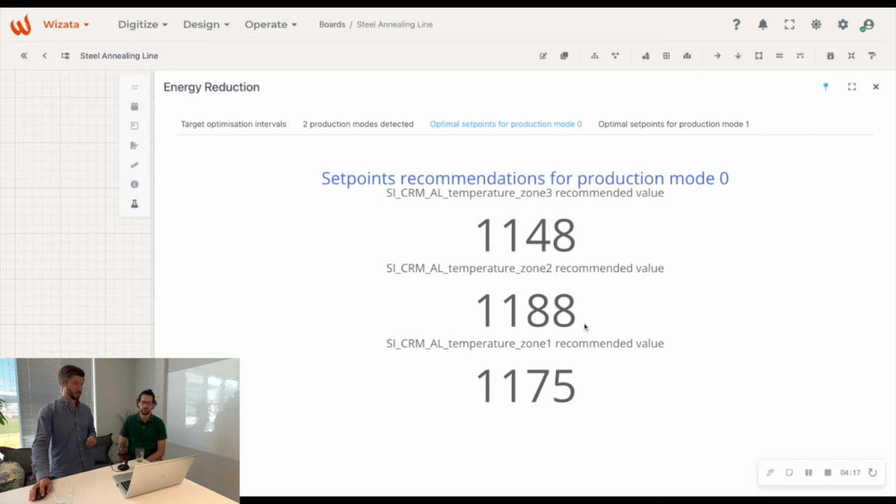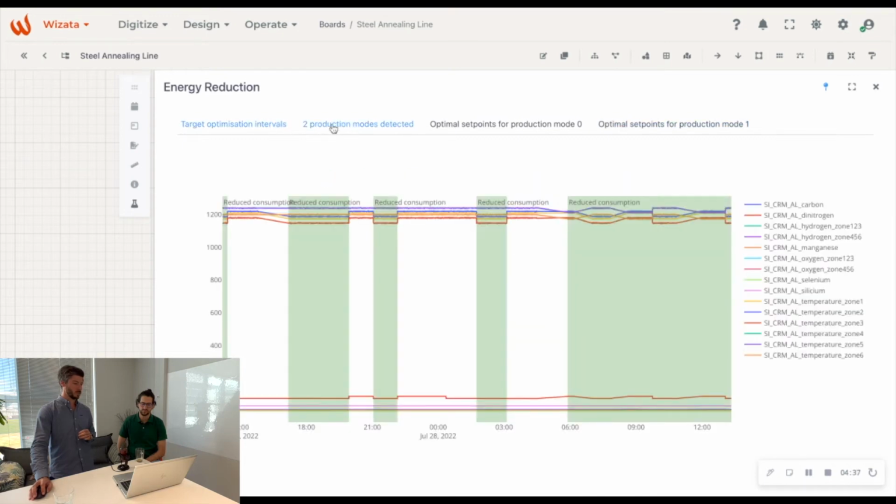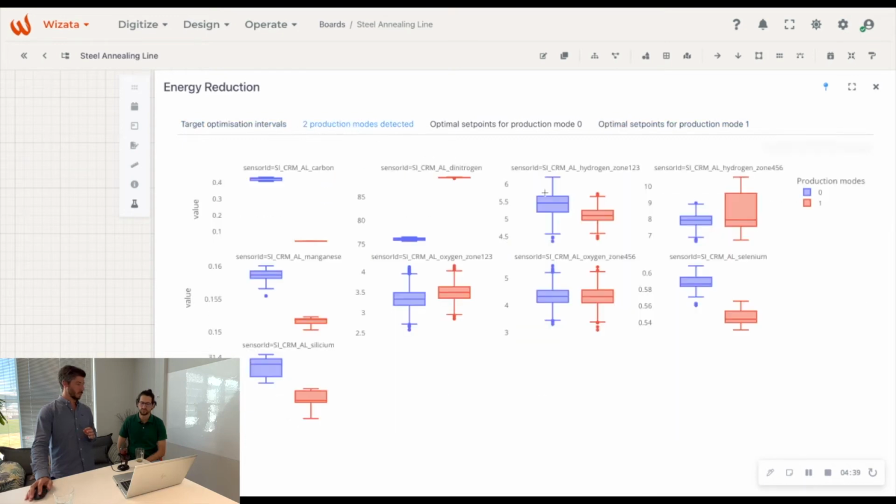The first one is called 1, the second one is called 0. That's just a detail, because it's an agnostic algorithm that has no specific labels. Production mode 1 is for the steel grade that was high carbon steel. You will see that it identifies which set points, in zones 4, 5, and 6, can be adapted and optimized.